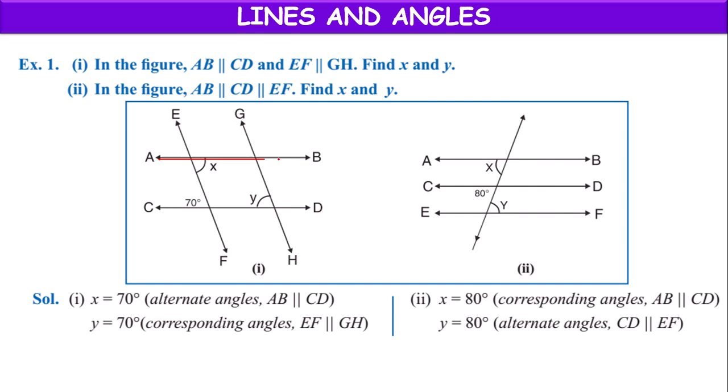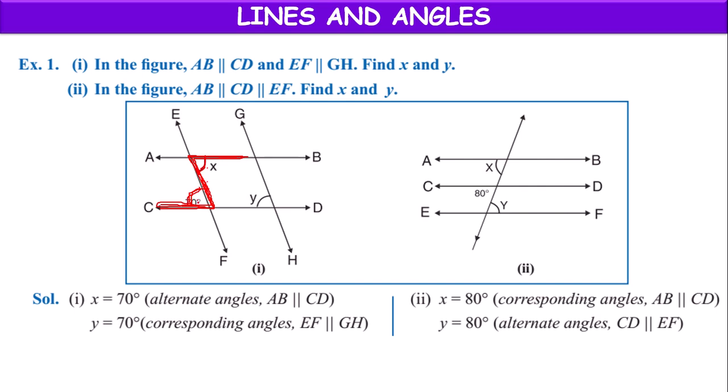So here, these two are the parallel lines, and EF is one transversal and GH is another transversal. If we take EF transversal, and check this shape, this is in the form of letter Z. This 70 degrees angle and this X degrees angle are in the form of letter Z, which means they form alternate angles.